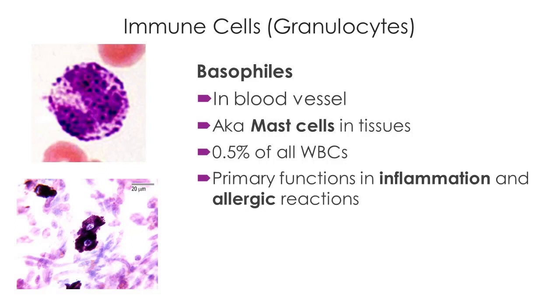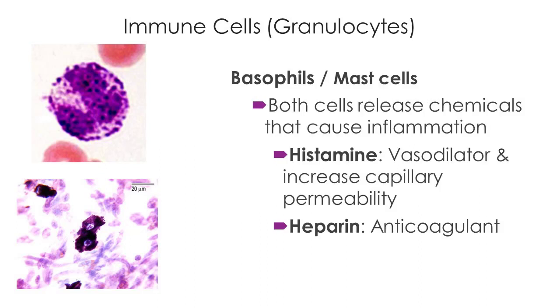You got your EpiPens handy and stuff? Guess who you have to thank for that? These guys, the basophils. And it's because of the chemicals that they secrete. We're going to touch on these more in a bit. But the basophils, mast cells, depending on where they are, these granules are loaded up with histamine as one example.